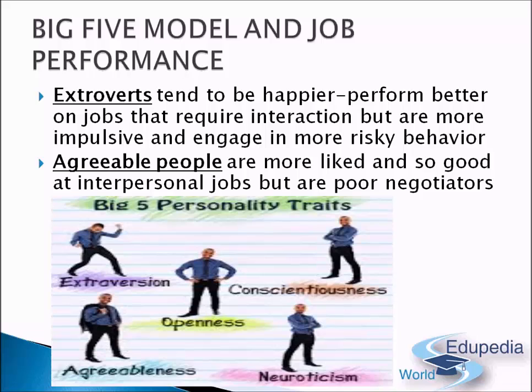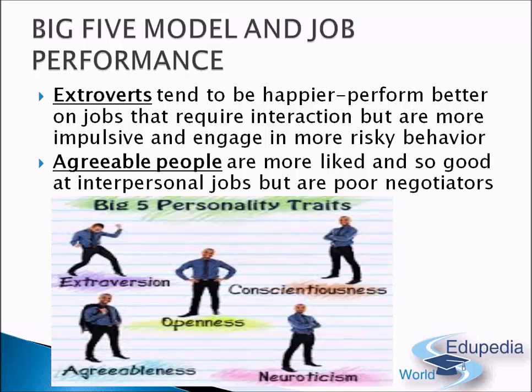So they are more prone to impulsive and risky behavior. In certain places where an introvert is required, an extrovert may take risky behavior. That is why in a team I always tell people that we should have introverts also, who will protect us from taking any bad decision which is very risky.